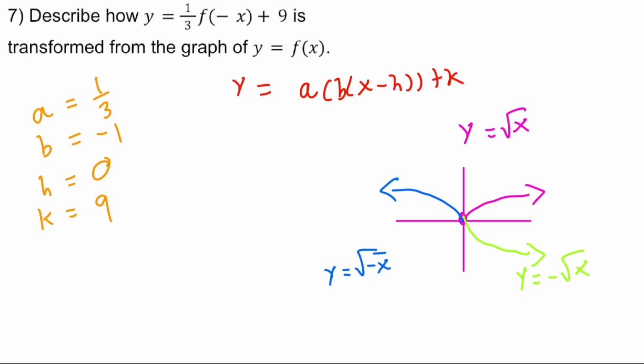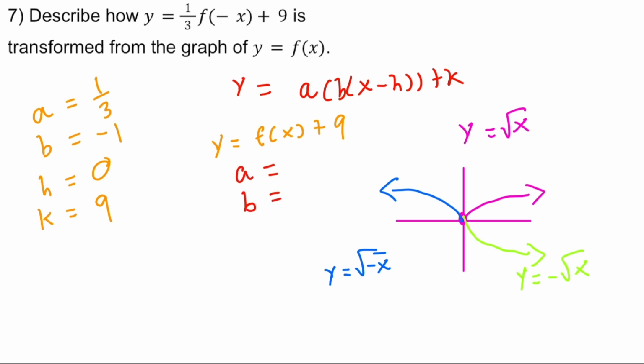It's also important to note that h and k can be 0. Right? If you're not shifting right or left, h is 0. If you're not shifting up or down, k is 0. But let's say we had y is equal to f of x plus 9. What would you call your a and b value? A is equal to what? B is equal to what?